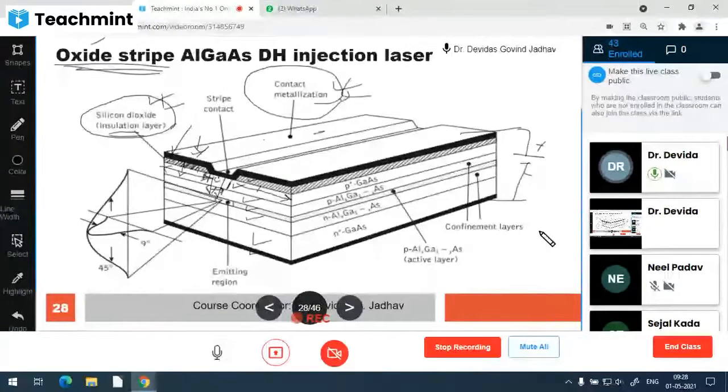The active region is thin in this direction. Similarly, in this direction also, the active region is made thin by the contact metallization provision. So overall the active region volume becomes a pencil-like beam producing region.